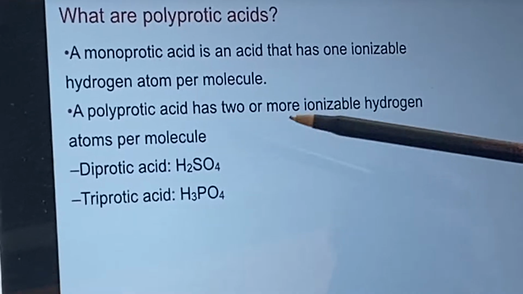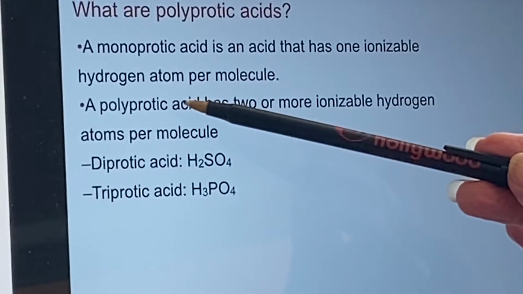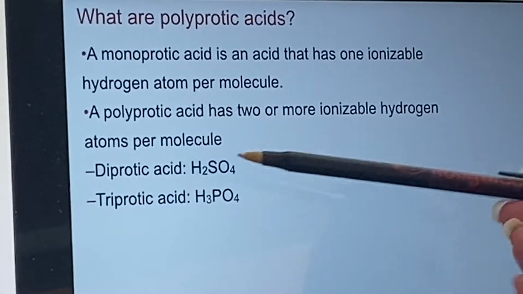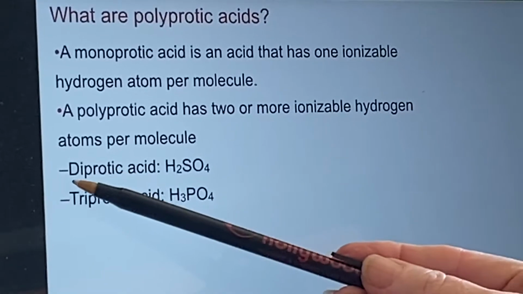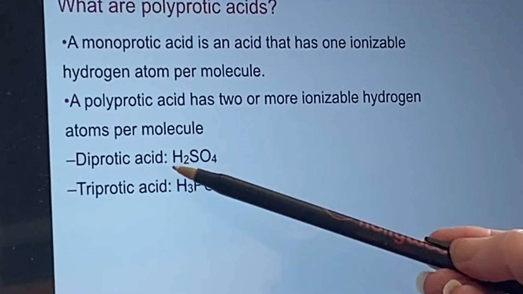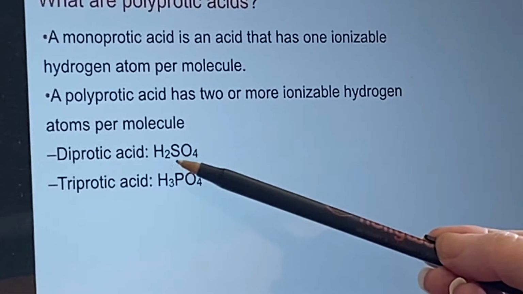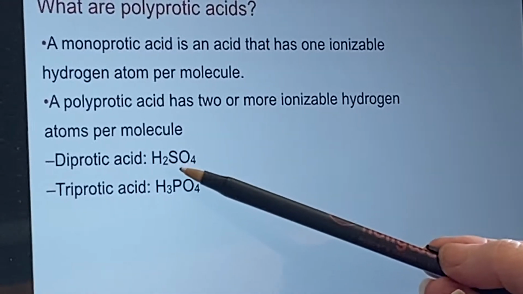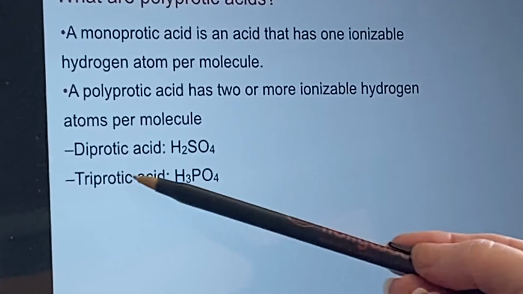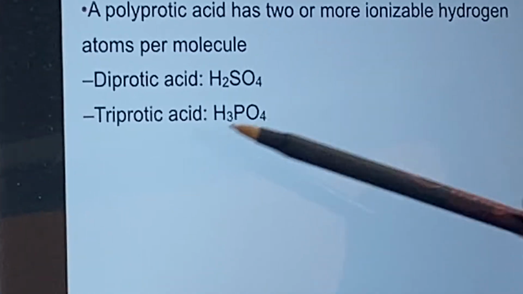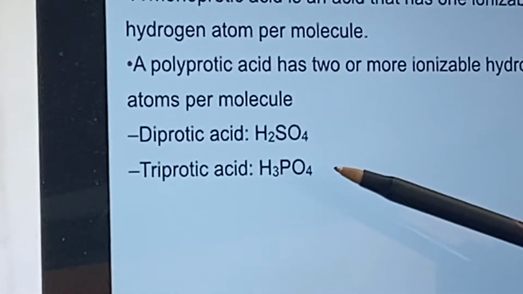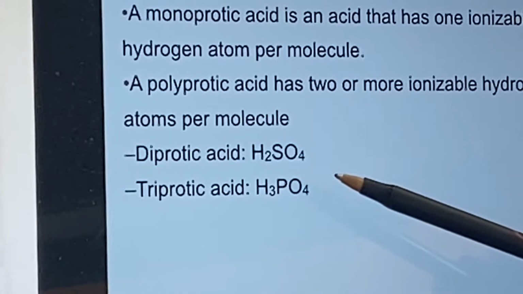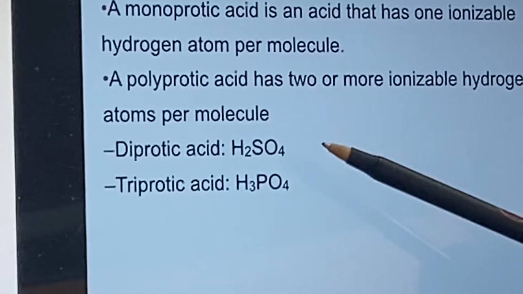And we have additional names. Instead of just saying polyprotic, we can specifically say how many. A diprotic would give out two possible. Here you go, sulfuric acid is an example of a diprotic acid. You can have a triprotic acid. You can have these go up way more than this if you have some of these organic ones.